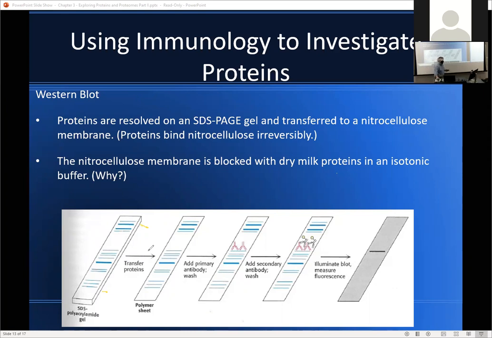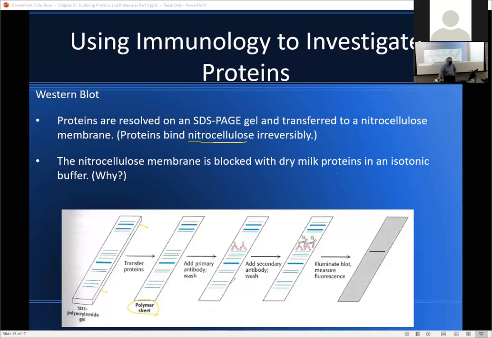So that's where we are here. We have a polymer sheet. This polymer is usually made out of nitrocellulose. One thing that's important to know about nitrocellulose is it binds proteins irreversibly. Once they're transferred to the nitrocellulose sheet, they're there for good.